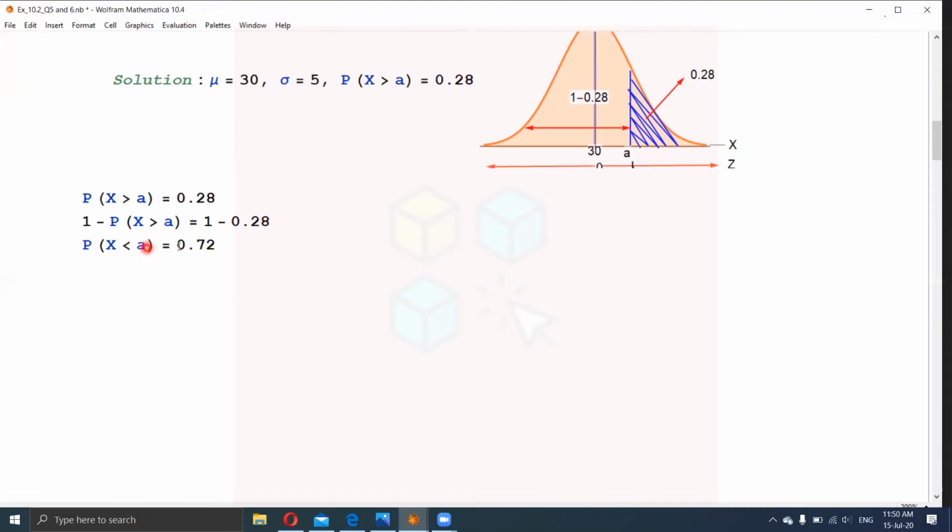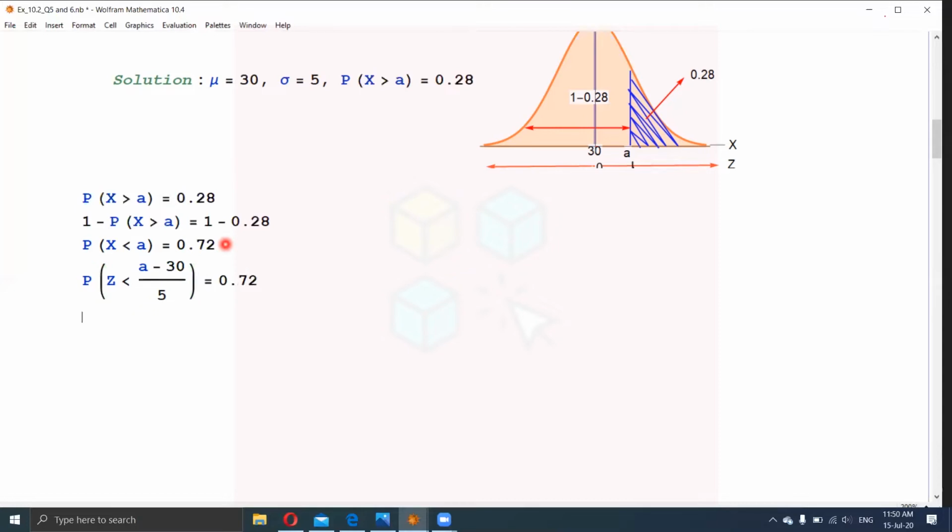Probability x less than A, now we will convert the x normal variate into the z standardized normal variate. Z less than (A minus mu, which is 30) divided by sigma, which is 5, and this expression is equal to 0.72.